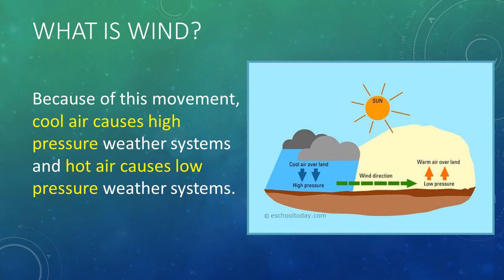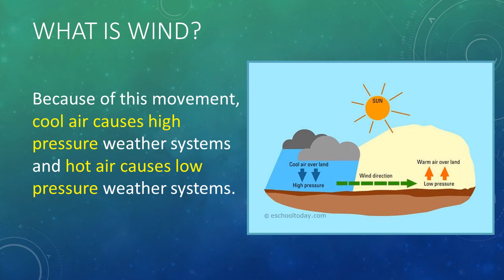And what this causes is weather systems. Okay? That's why we have rainy times of the year, cool times of the year, hot times of the year, and everything in between. But it's also going to cause wind. As that high pressure cool air sinks, it's pushing that low pressure warm air as it rises.